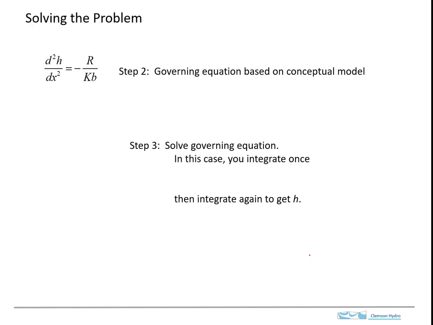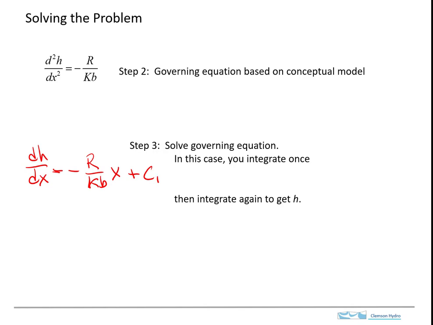So to solve this problem, we're going to start with the governing equation, and then we'll integrate that twice to get an expression for the head. If we integrate this once, we get on the left side just the gradient, and on the right side we get this term here, which is constant, times x plus a constant of integration.